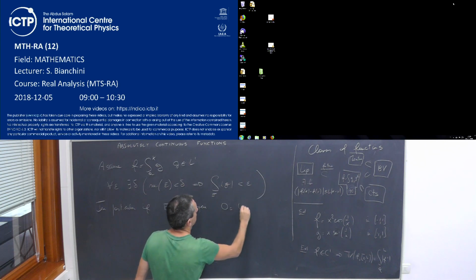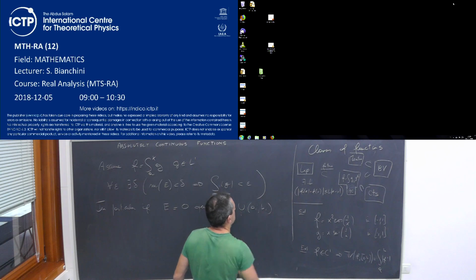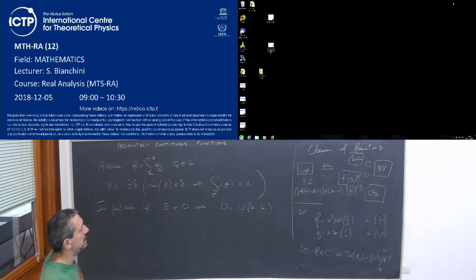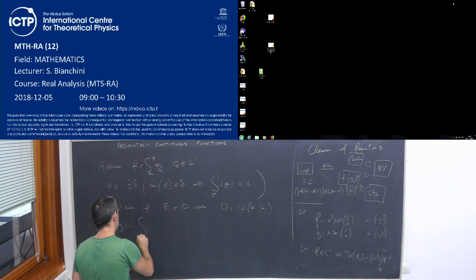So it is the union of countably many disjoint intervals, let's say a_i, b_i. So the integral over E is the sum of the integrals over each interval, no?